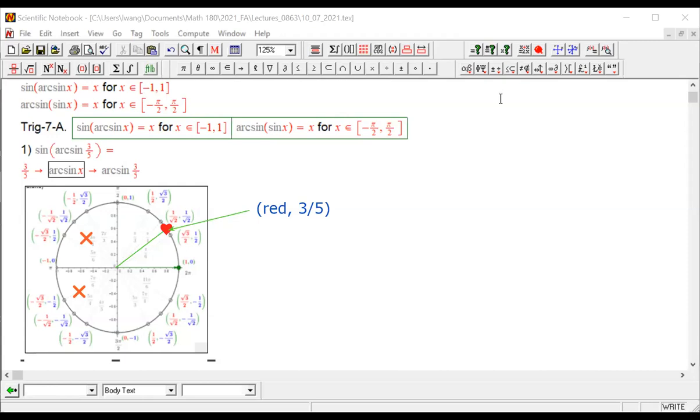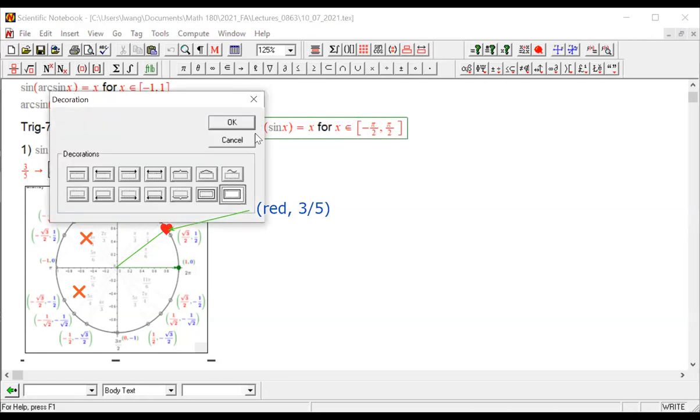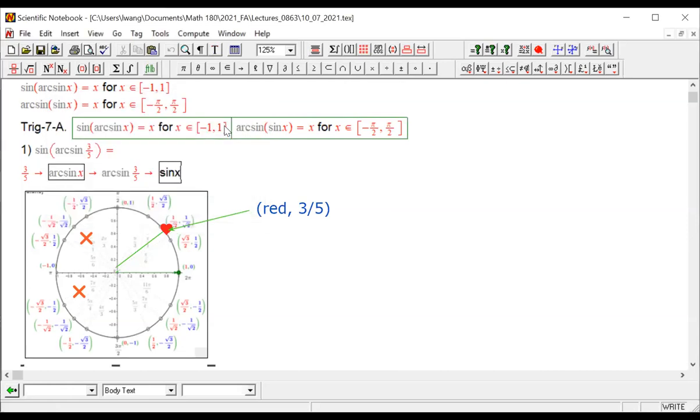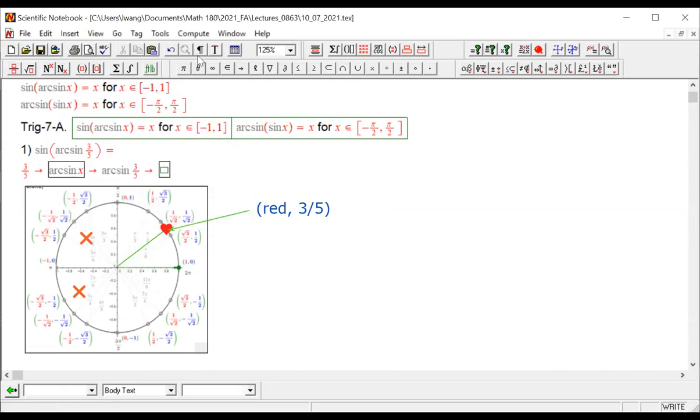Okay. Now, you see, we have another blue number, right? We know the blue numbers are for sine. So now this blue number is going to be the input for sine. So this angle, which angle is it?